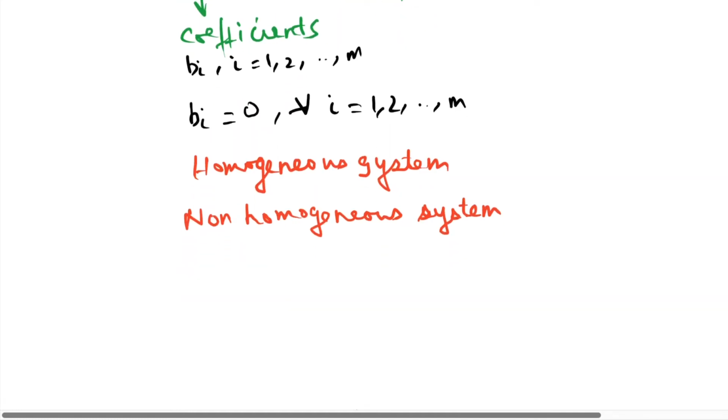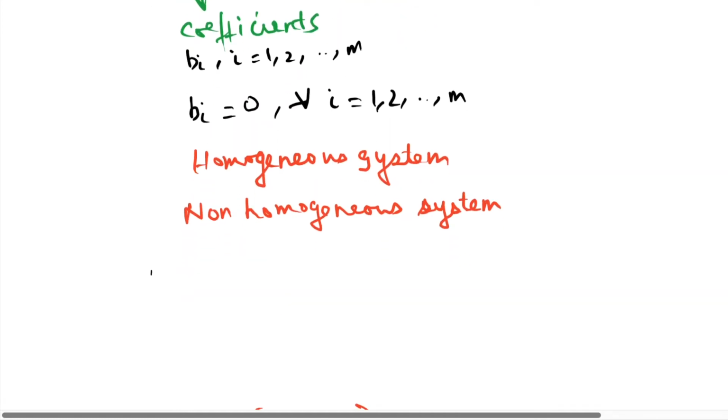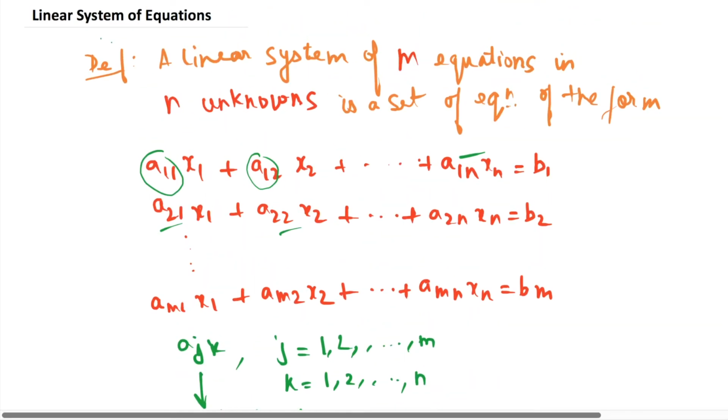The solution is a set of numbers x1, x2 till xn that satisfy all the m equations. So x1, x2 till xn need to satisfy all these m equations.